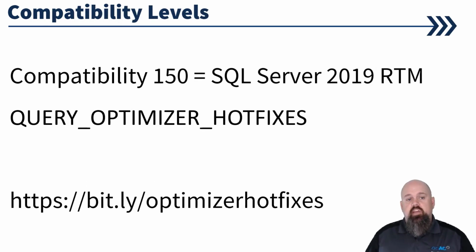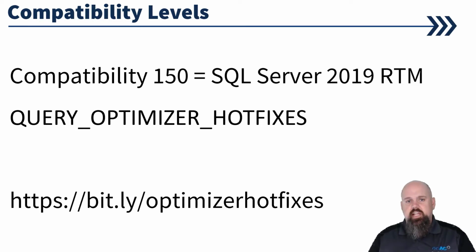Another thing to note about the compatibility levels: while compatibility 150 is equivalent to the SQL Server RTM, if Microsoft has released any subsequent query optimizer hotfixes after the base level of SQL Server 2019, you actually have to enable a database scoped configuration called query optimizer hotfixes.